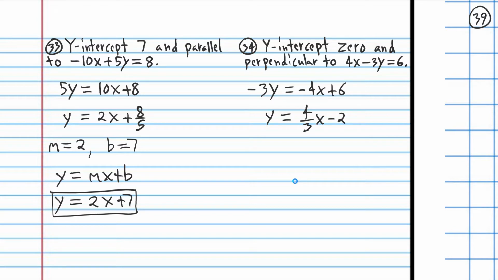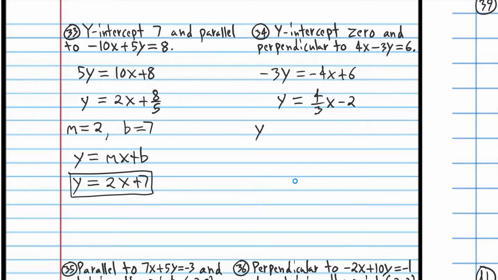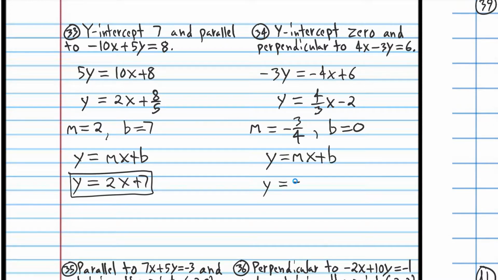And now we can see that the slope of that line is 4/3. So the slope of our line is -3/4. Whoops, that should be slope. And we know the y-intercept is 0. So we can just use y equals mx plus b form and just plug in m is -3/4 and b is 0. So that is our answer. So if you got that answer, good job.